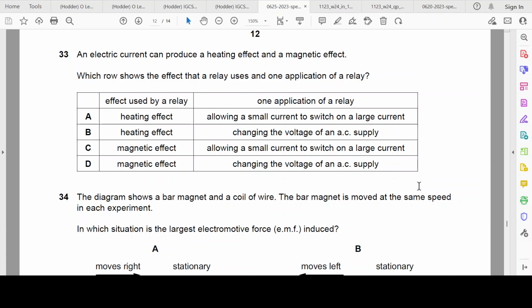Is it C? Haram? C. Both of you going for C? C is correct. First you need to identify which effect it is, so A and B are eliminated. Now between C and D, does the relay allow the switching of a larger current, or does it allow changing the voltage of an AC supply? Obviously that's not true, and so it's C. Yes, good.